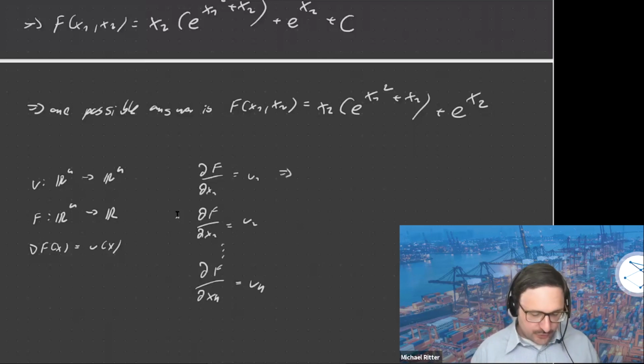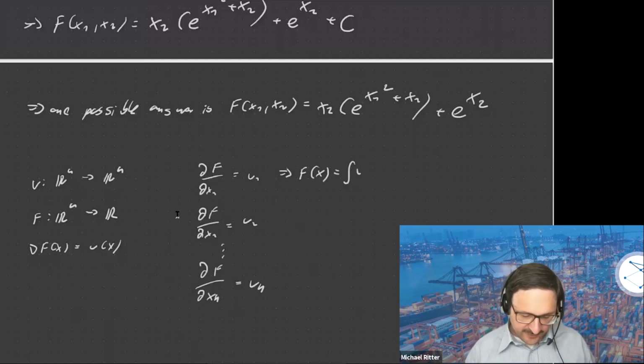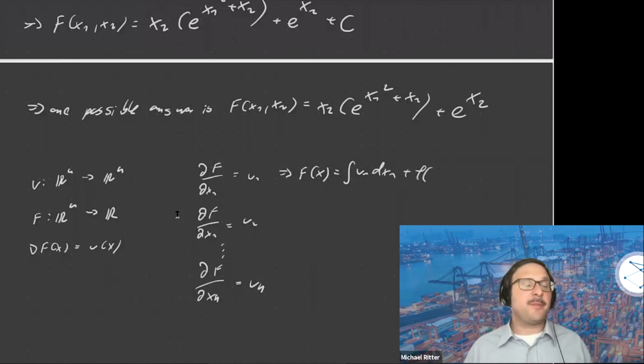And then we could integrate. So that means from the first or from any other expression, we could get something like f of x is the integral of v1 dx1 plus, and then we would have a function that did not depend on x1, but possibly on all the others. So that might depend on x2, x3, and so on up to xn.